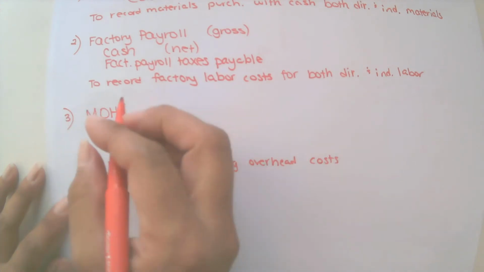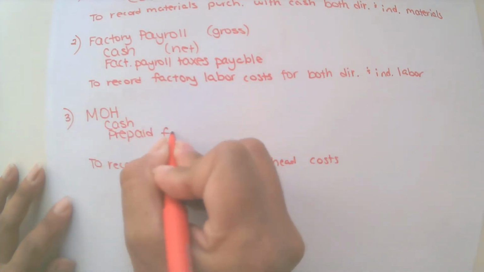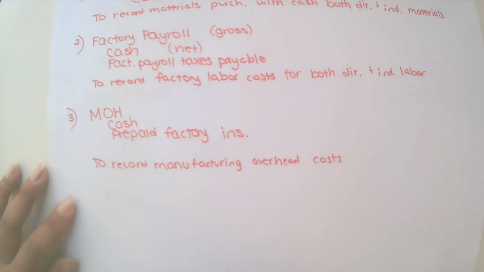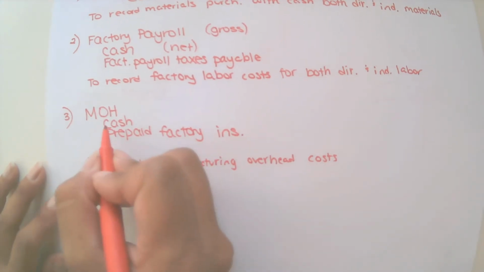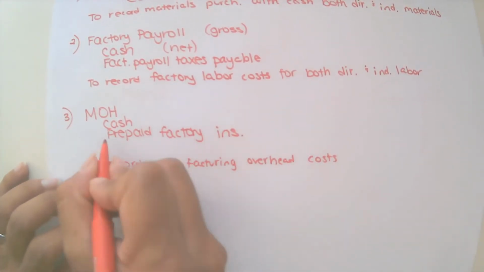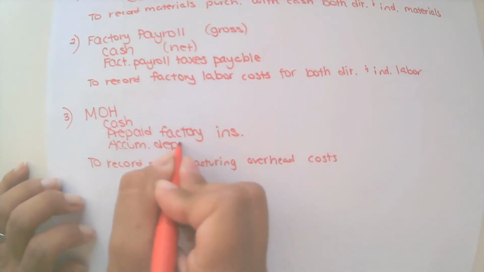But the offset would be prepaid insurance, prepaid factory insurance. We also talked a lot about depreciation being a cost of MO, so the offset to depreciation is accumulated depreciation.